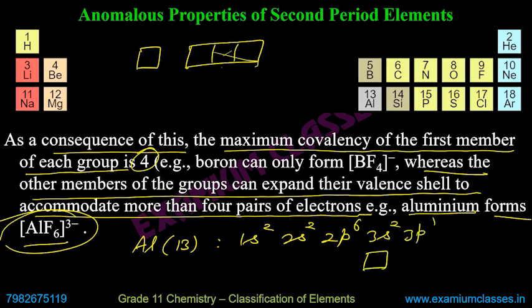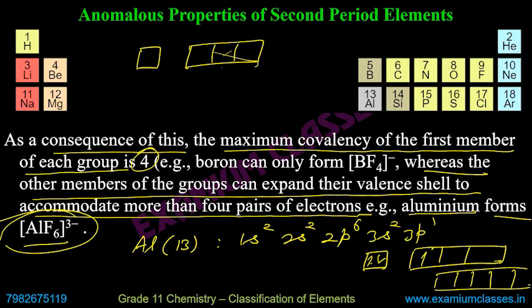So the valence shell is like 4. Okay. So there is a possibility in this case, because it is the third shell, there will be a d subshell also present in there. So in that case, more than 4 electrons can be paired.